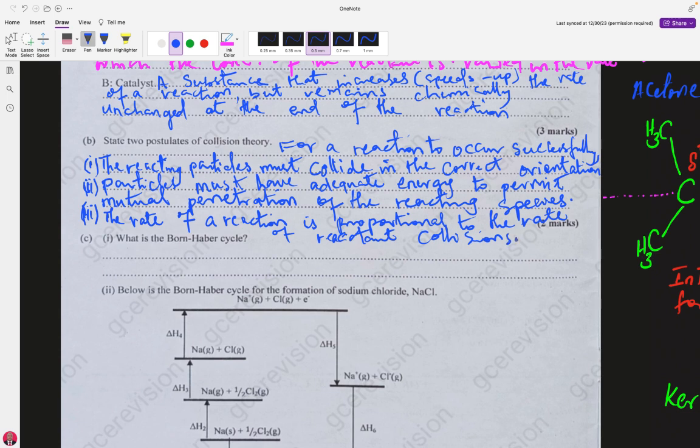This postulate means that a reaction rate increases as concentration increases. That is the meaning of this postulate.